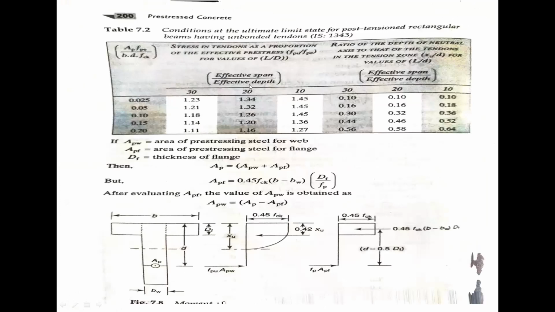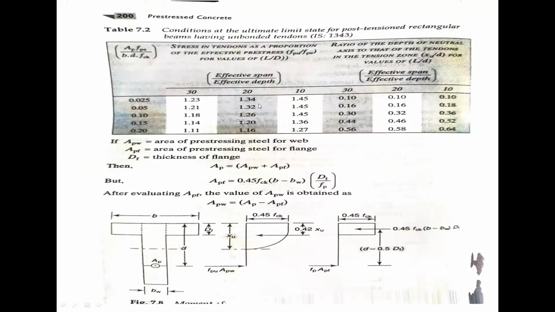The ratio FPU by FPE is 1.34 and XU by D is 0.10. Therefore FPU equal to this value, and you know the value of D, to calculate the depth of neutral axis and the FPU value. These values are taken from table 7.2, the span by depth ratio table. Take into account the values 1.34 and 0.10.